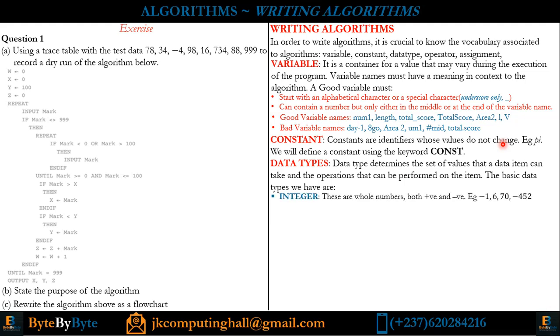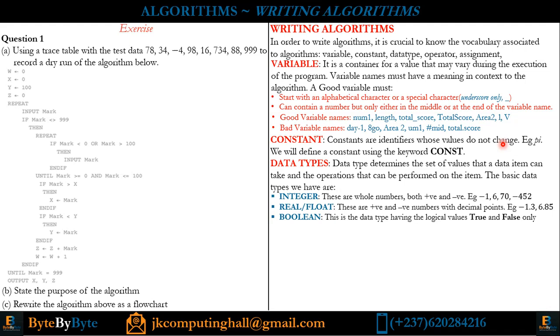We have integer, whole numbers, both positive and negative, like -1, 6, 70, -452. Real or float. These are positive and negative numbers with decimal points, -1.3, 6.85. We call them real numbers or float. Boolean. This is a data type having the logical values true and false only, and it is the only data type having two possible values.